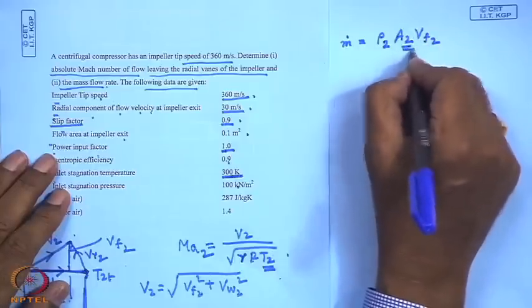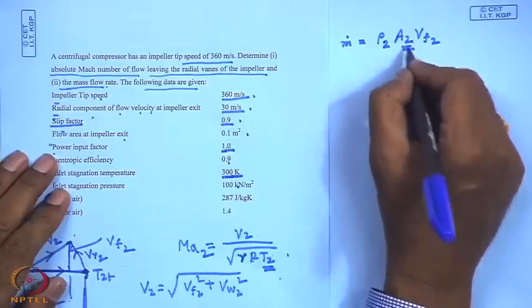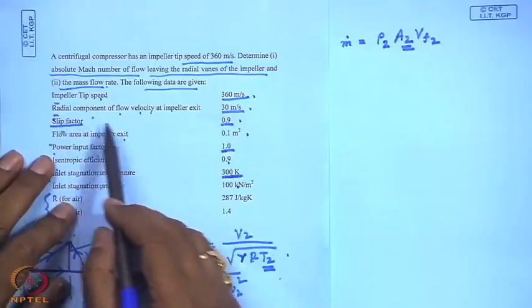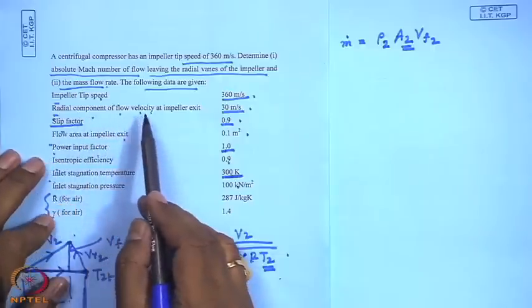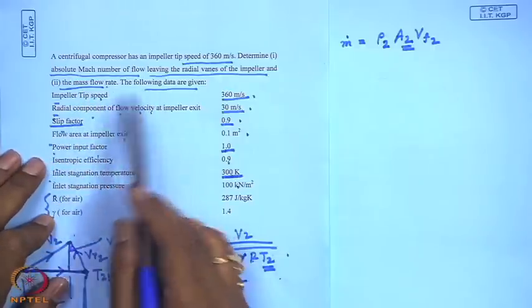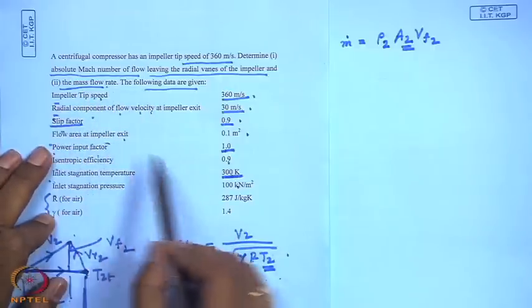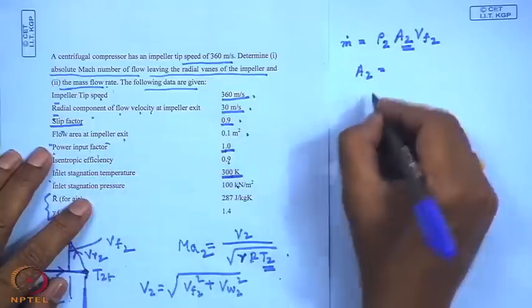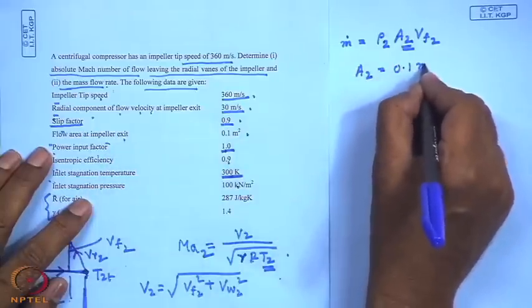Here A2 is the flow area at the outlet of the impeller, which is given, 0.1 meter square.